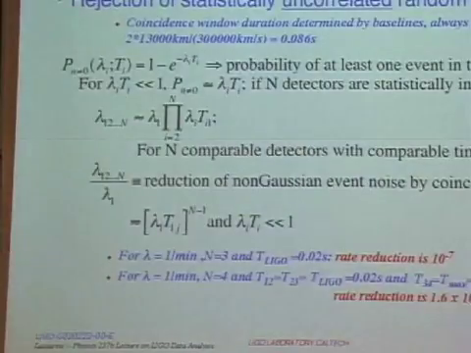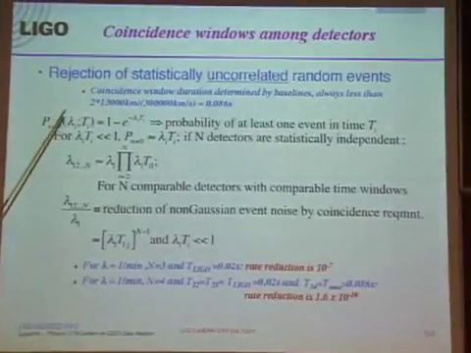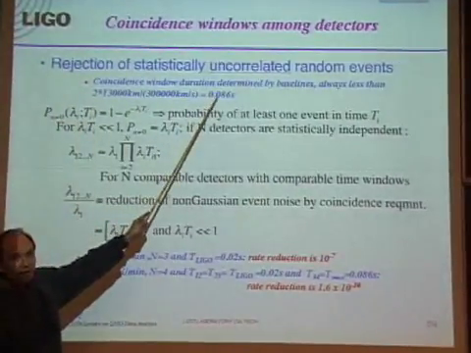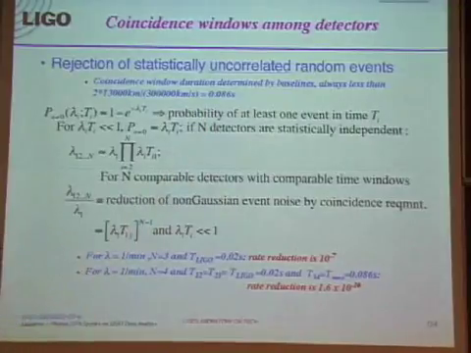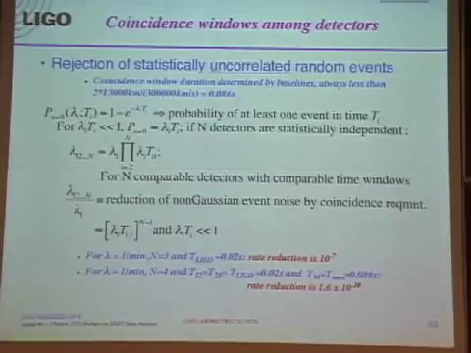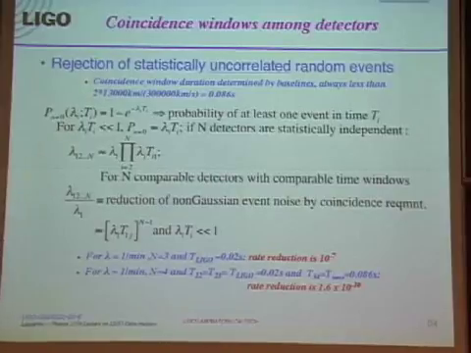If you have multiple detectors and you ask for a coincidence window, first of all, the window is very narrow, even considered on a worldwide scale, so that we would have at most something like a 90 millisecond coincidence requirement, even for data collected at very high bandwidth.